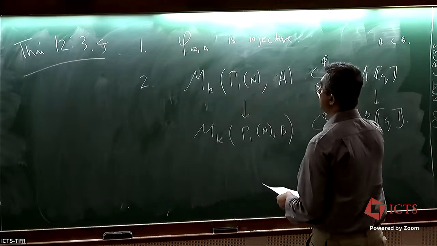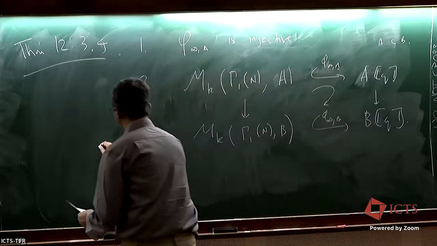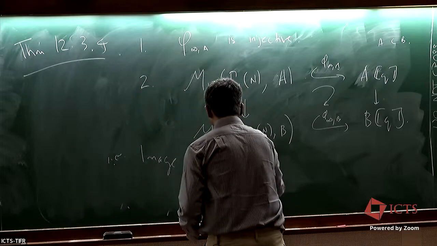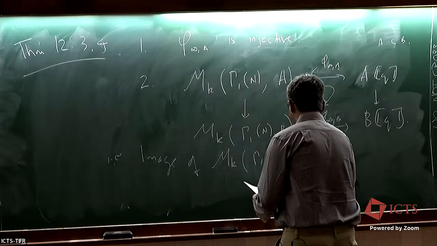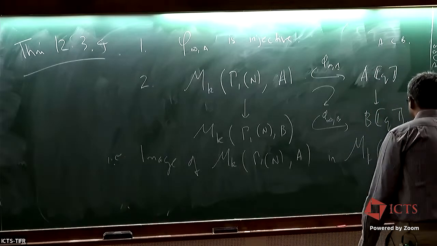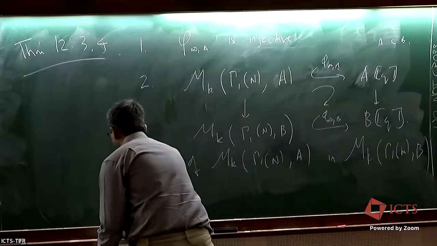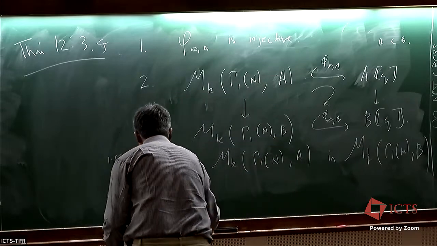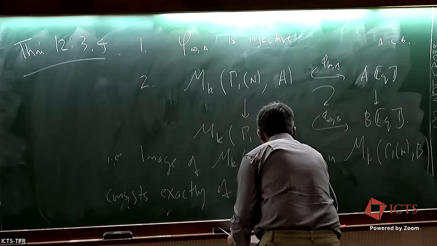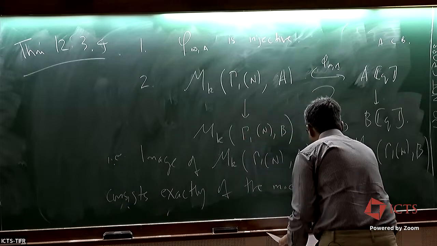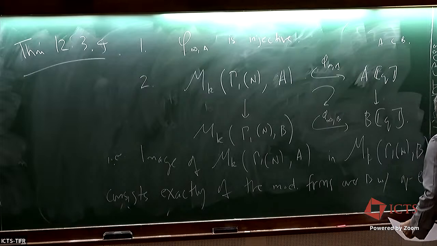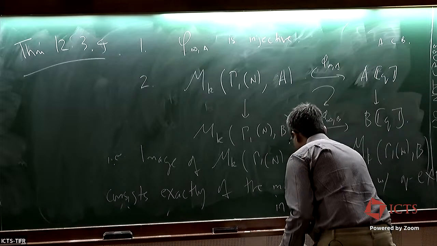So the claim is that this diagram commutes, which is just a fancy way of saying that the image of script M_k(Γ_1(n), A) in M_k(Γ_1(n), B) consists exactly of the modular forms over B with q-expansion in A. I hope you can see this.